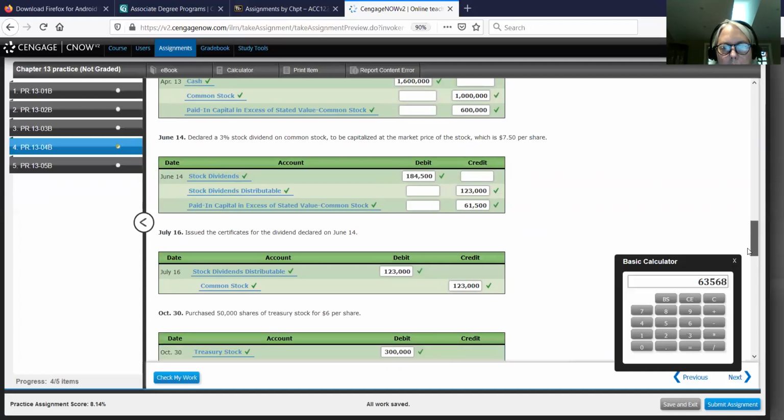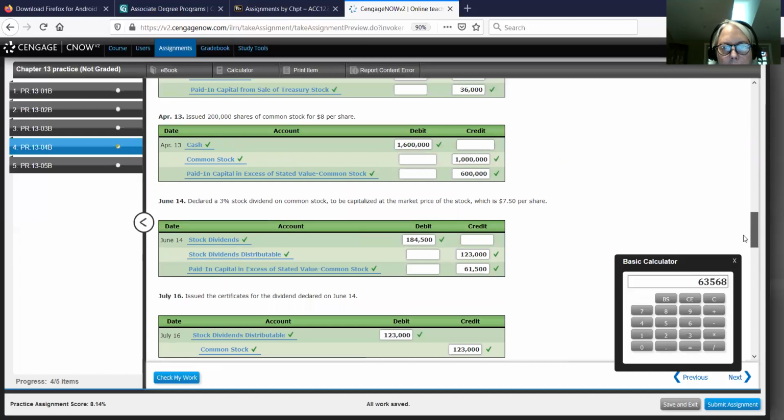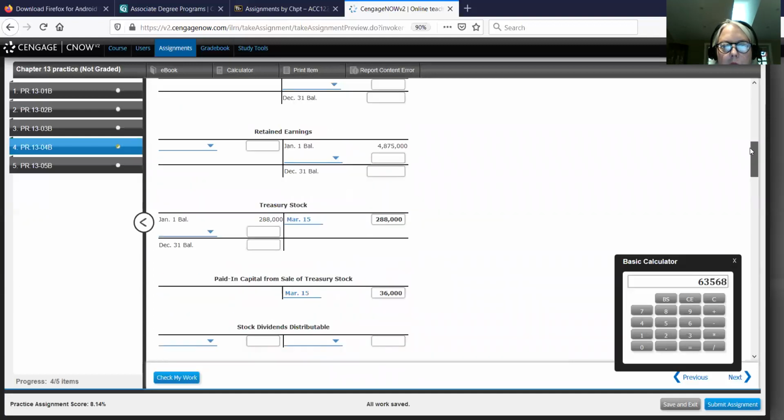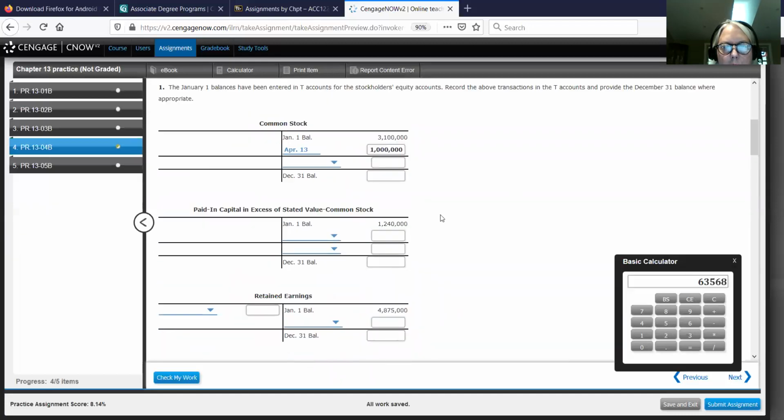And then I would have to credit my paid-in capital in excess of stated value on the common stock for $600,000. So I'm going to post that as of April the 13th, $600,000, to the paid-in capital in excess of stated value on the common stock.